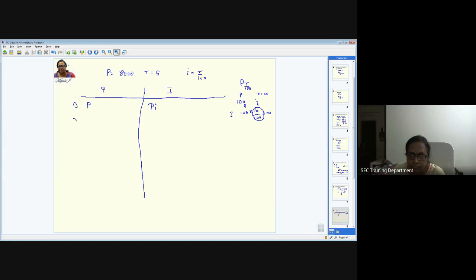So when you come to the second year, the compound interest, what is the difference in compound interest and simple interest? Anyone? You have two different kinds of interest, right? Simple interest and compound interest. You would have seen in the video, what is the difference? Like what is compound interest?